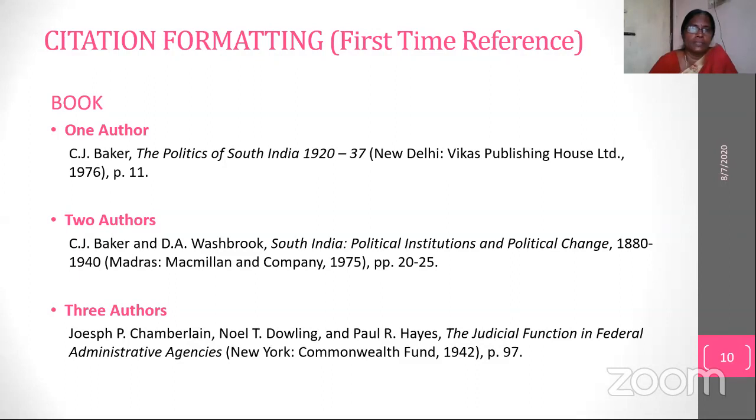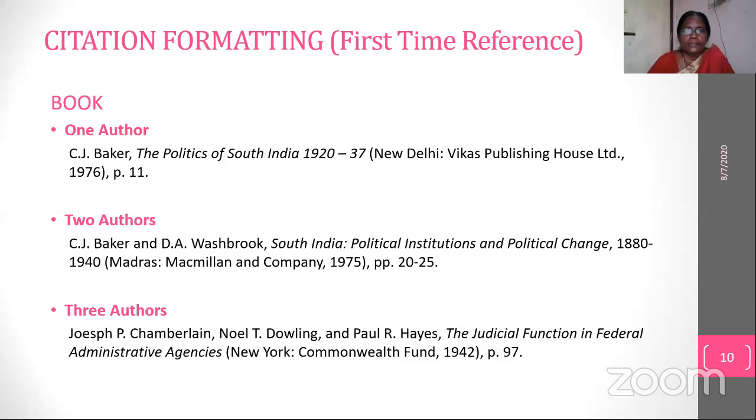For example, there is a book authored by one author, C.J. Baker. We put C dot J dot Baker, and then the title of the work, The Politics of South India, 1920-37. The title should be italicized.